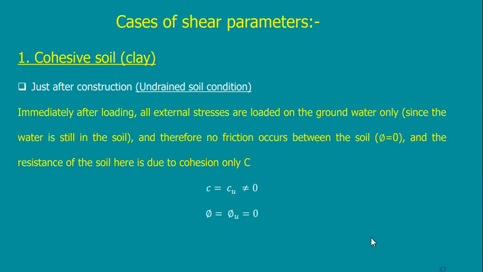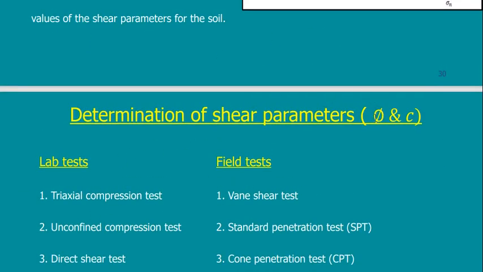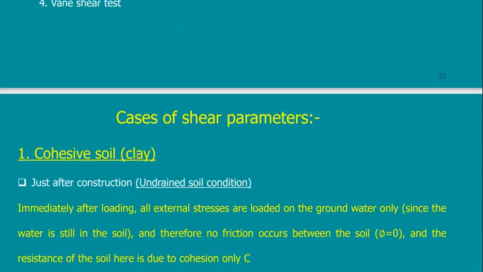Here we are going to discuss different cases of these tests. We said that we can conduct some tests to get the C and phi of the soil. These tests differ according to the type of the soil. It differs from clay to sand.